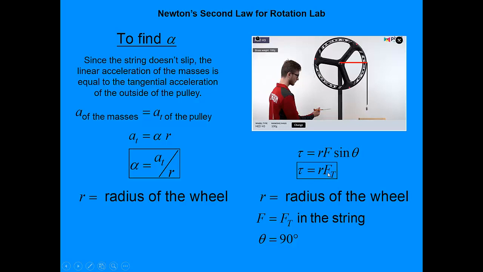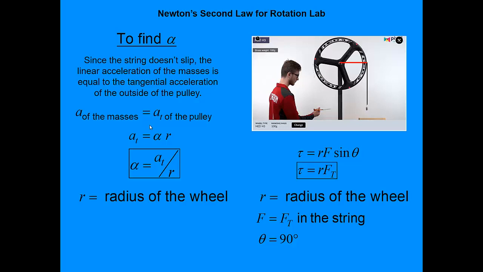So the torque can be calculated by taking the radius of the wheel and multiplying by the force of tension. Now you're going to see on your lab sheet, I kind of broke it down, and I gave you all these equations on the lab sheet to help you out too, in the data tables. There's the one for what you're actually taking inside of the video, and then there's one where you're calculating the linear acceleration of the masses, the force of tension, the angular acceleration of the wheel, and then the torque acting on the wheel.